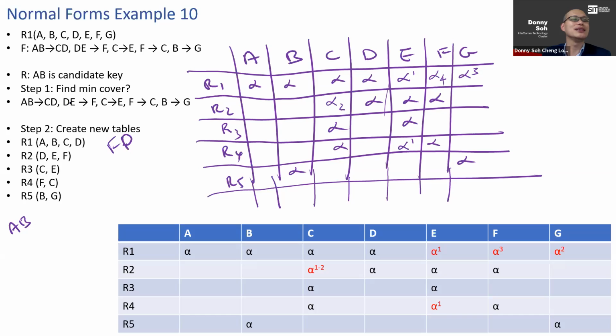A, B, C, D. E is on my right hand side. E, F, G. Let's check if AB is a primary key or not. A, B, C, D. C implies E, D implies F. Yes, so AB is a primary key.